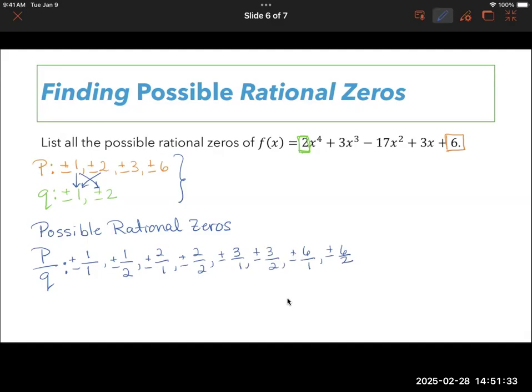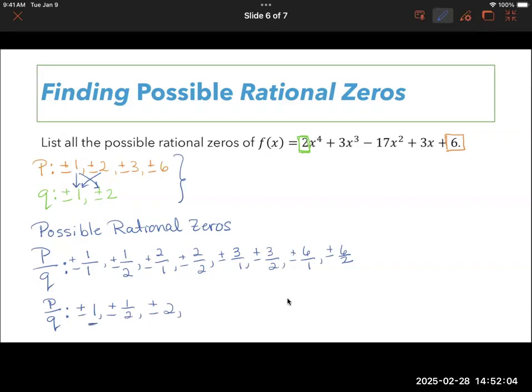Now, when we actually simplify these, we'll realize that some of these values are actually repeats. So we don't need to list repeats. We just want one list of possibilities. So we've got a plus or minus 1 over 1, which is 1, plus or minus 1/2, plus or minus 2 over 1, which is 2, plus or minus 2 over 2, which is 1.